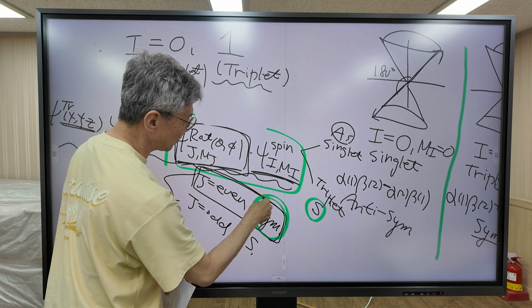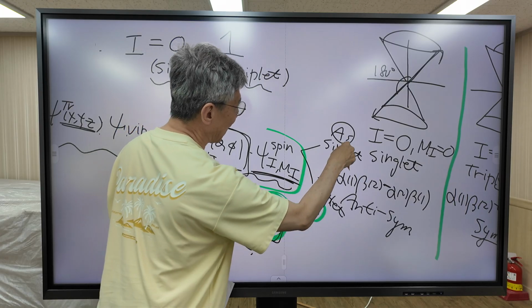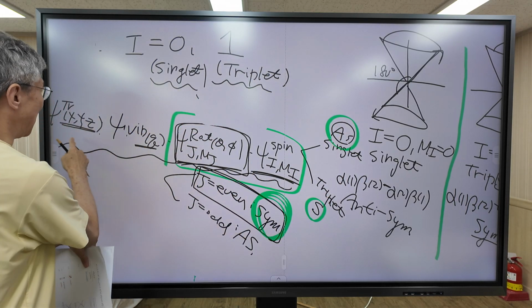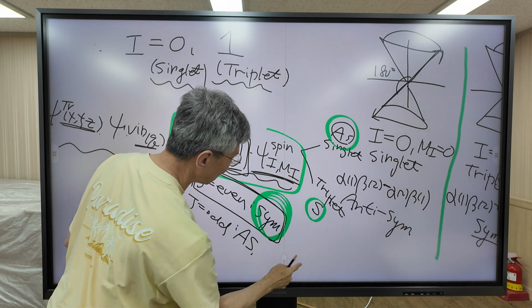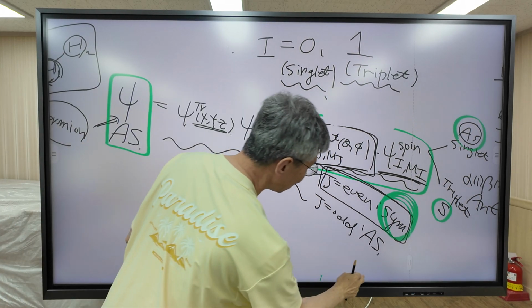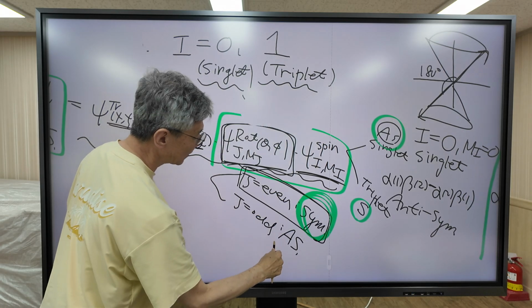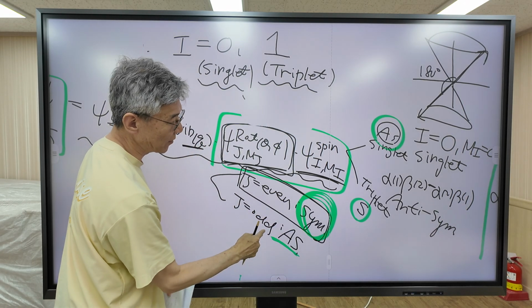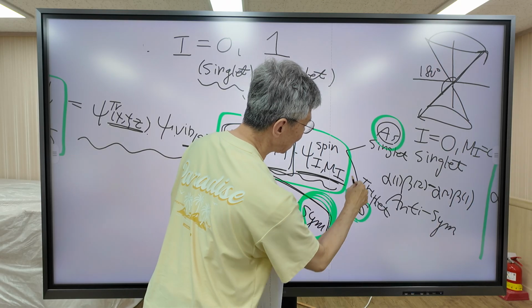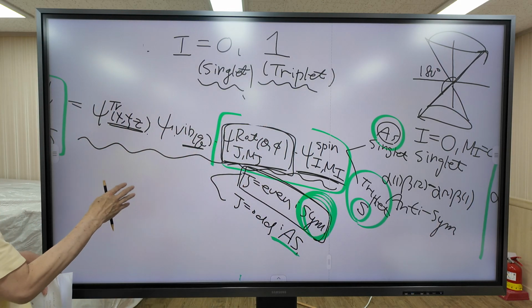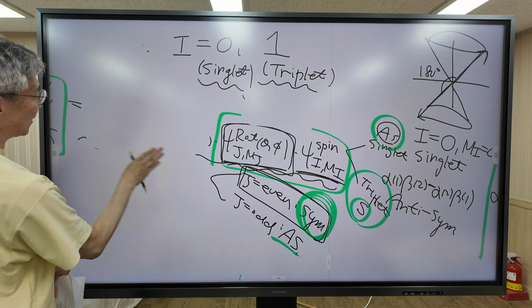Symmetric wave function must pair with antisymmetric singlet state to produce antisymmetric wave function. And antisymmetric rotational state in which J is odd must pair with symmetric triplet state. This is our result.